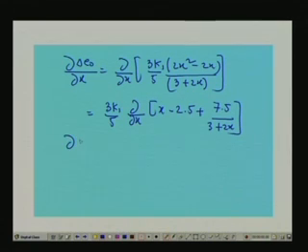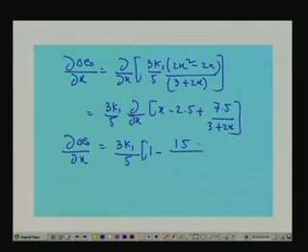So, del of delta E naught by del x will become 3 K1 by 5 into 1 minus 15 by 3 plus 2x whole square.